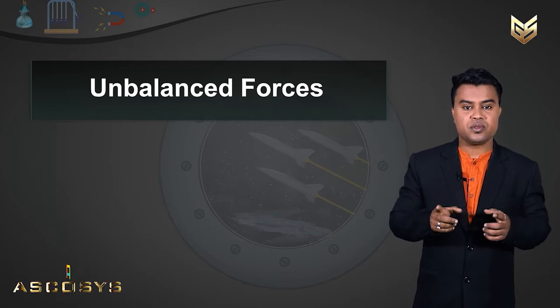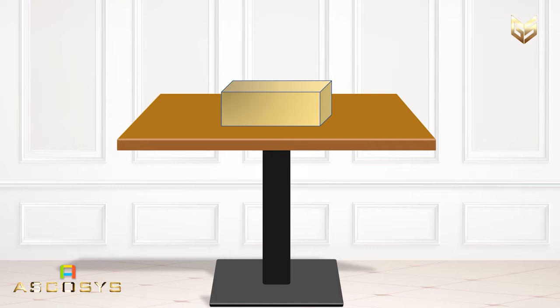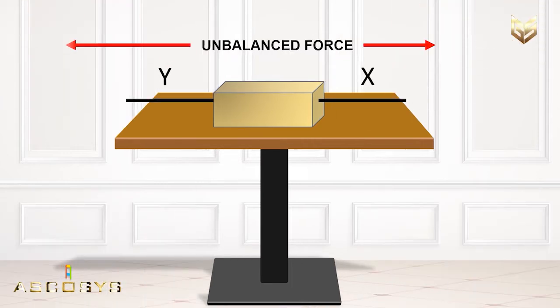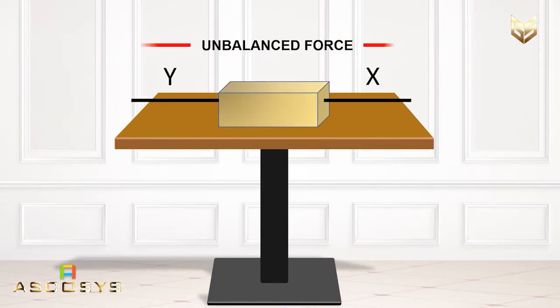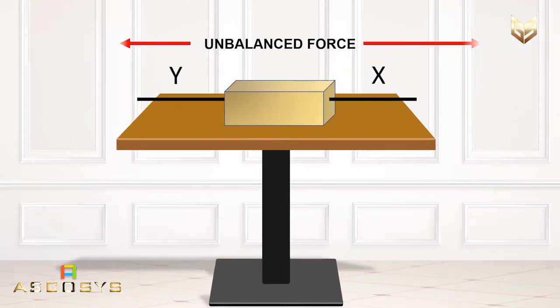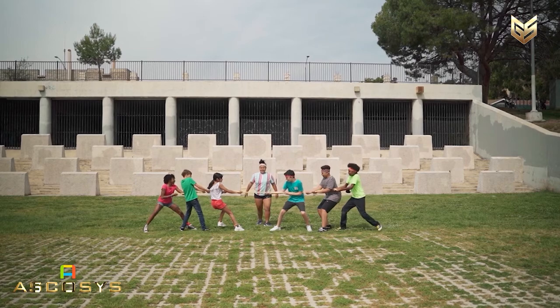Now, what are unbalanced forces? If the forces have different magnitudes, suppose x and y, and any one force is more than the other, if suppose y is more than x, the block will move towards y, right? If x is more than y, the block will move towards x. You have played tug of war with your friends, right?